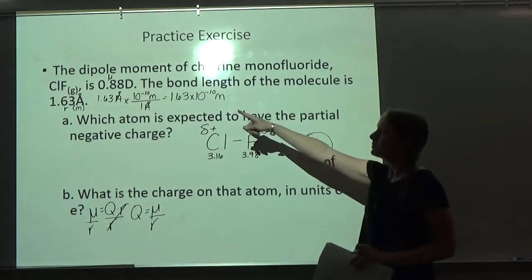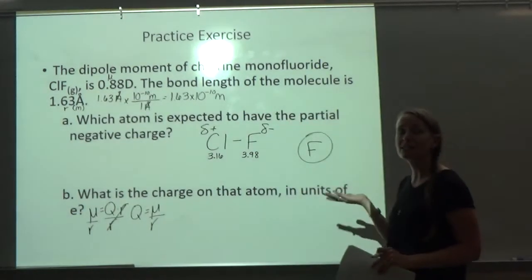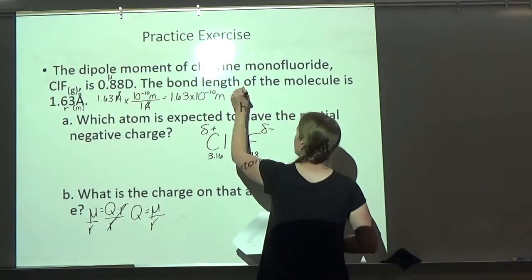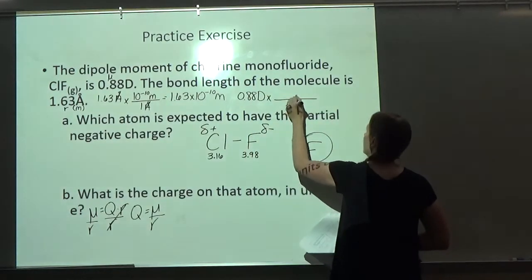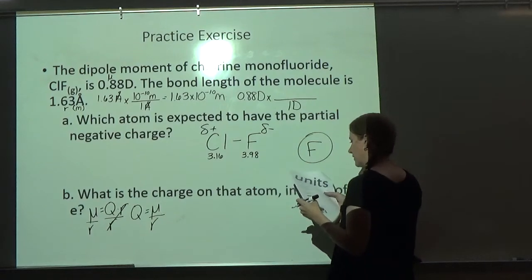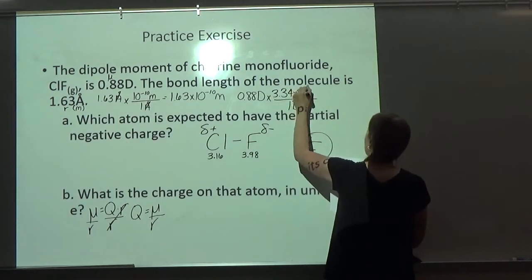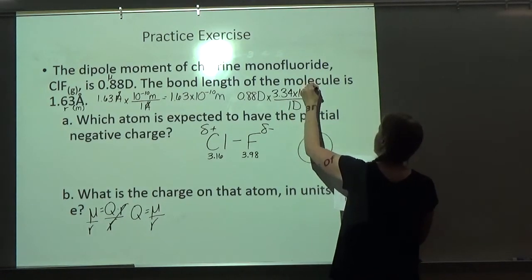Now, of course, the problem is, again, they gave me my dipole moment in debye, so I need to convert that back to coulomb meters. So I have 0.88 debye, and I know that 1 debye equals, oh, where's my number? Sorry, I don't use this conversion factor anytime except for literally right now, so I don't have this one memorized.